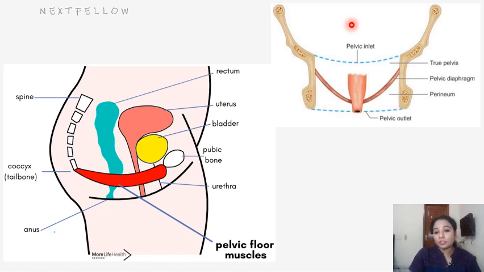Deep perineal pouch contains the urogenital diaphragm, which I am going to discuss in later sessions. So the deep perineal pouch, including urogenital diaphragm and perineal membrane, along with the levator ani and coccygeus, all together is considered as pelvic floor. Pelvic diaphragm means only two muscles, levator ani and coccygeus together.